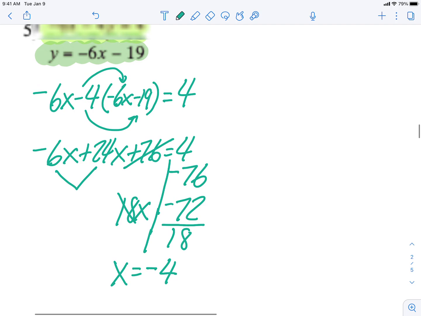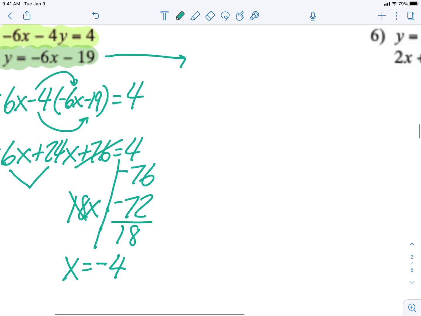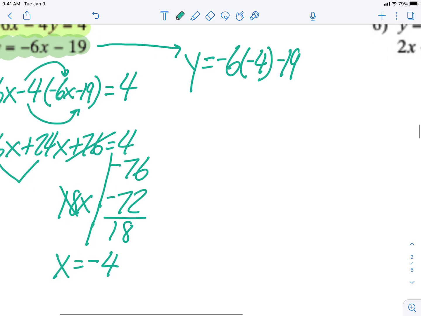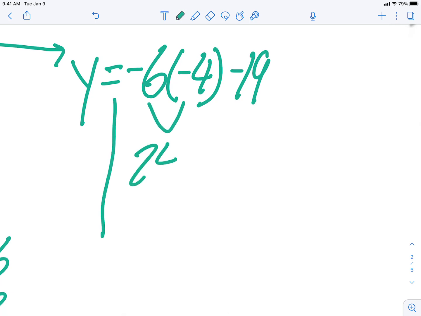So, fortunately for me, again, this dark green is already solved for y, so I'm going to copy this y equals negative 6, but instead of x, I'm going to write negative 4 minus 19. And again, I knew to plug in negative 4 because x is equal to negative 4. So, negative 6 times negative 4 is 24, right?